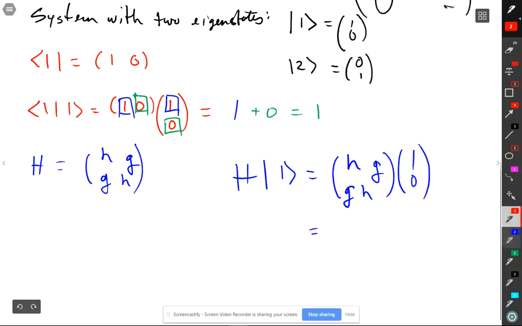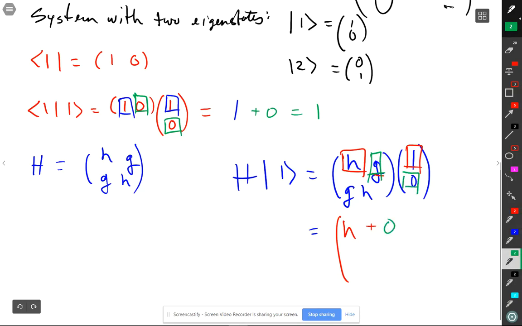Using the same multiplication rules, h times 1 gives me h, and g times 0 gives me 0.